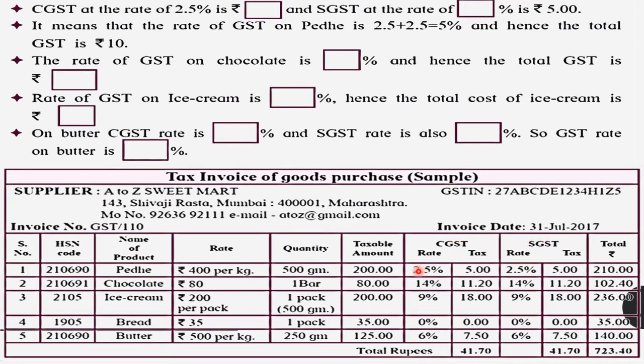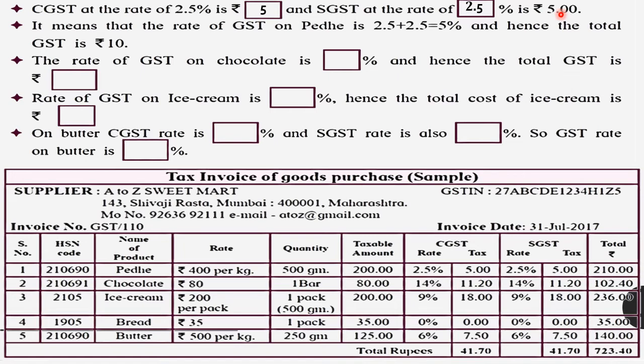So the tax at the rate of 2.5% is rupees 5. So here you have to fill in rupees 5, and SGST at the rate of 2.5% is rupees 5. Either way they have asked the fill-ups.